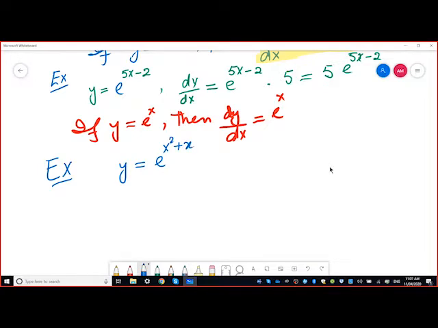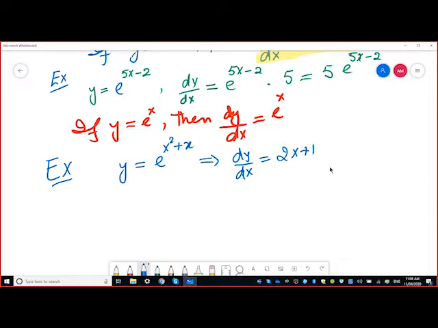Can you solve this? What would be dy upon dx? dy upon dx would be 2x plus 1, and then times e to the power of x squared plus x.